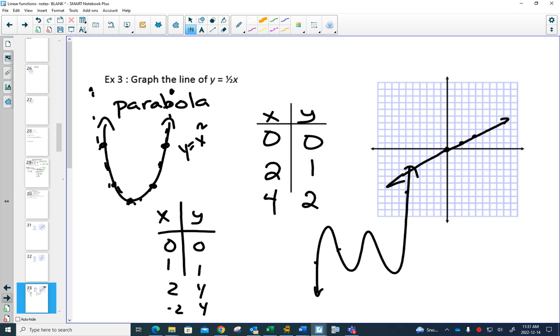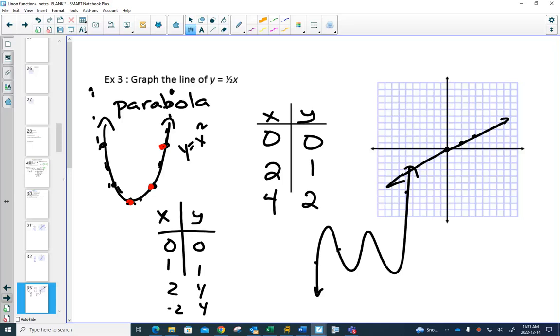As the graph gets more complicated, you would need more points on your table of values to feel confident you know what the shape is. Because if you did the parabola and you just had these 3 points, how would you know the other side went up? So that's a limitation of table of values.